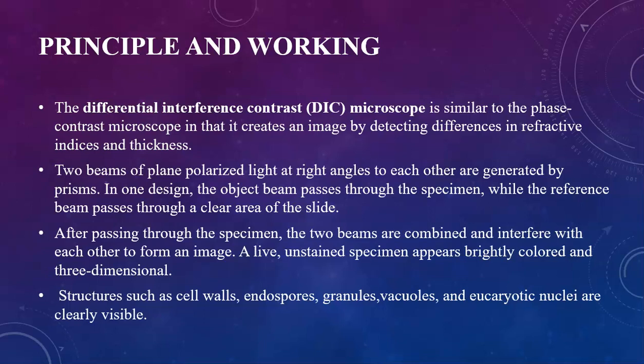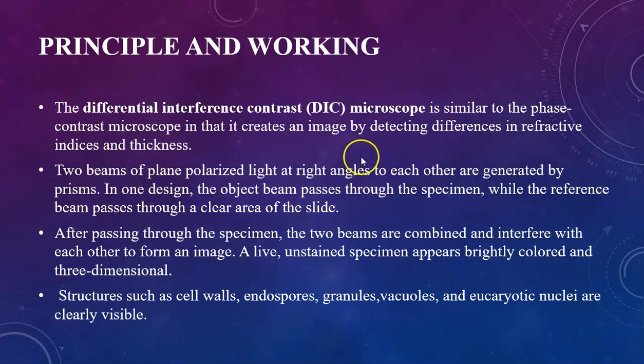Here two beams of plane polarized light are used, both at right angles to each other, and this could be generated by a prism. I believe you all remember the prism. You all must have used it in your physics experiments while performing practical experiments on light. So by using a prism, we could have two beams of plane polarized light.